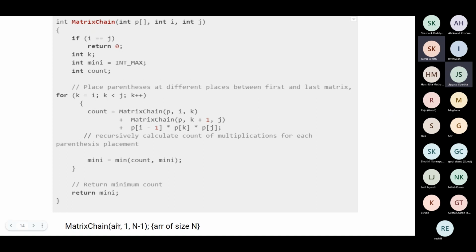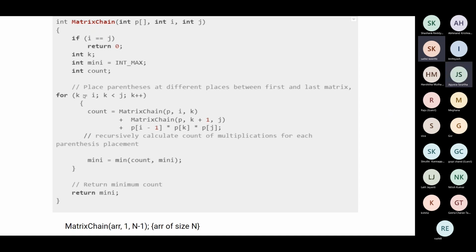For calling this, you will call with the array and, not 0 here, you should notice that it should be 1 as discussed earlier, and n minus 1 where an array of size n is used. The base case is: if both the indices are equal, it means you have only one matrix, and of course its cost of multiplication will be 0, so return 0. Then you use INT_MAX as you are storing it in a variable that will be used to store the minimum cost.